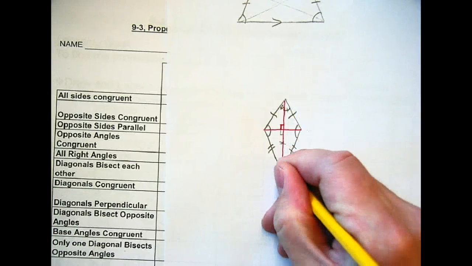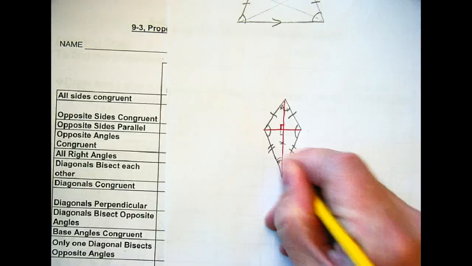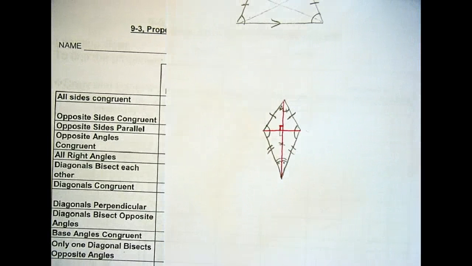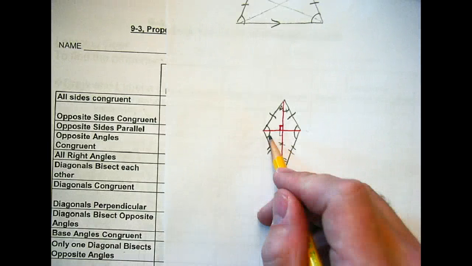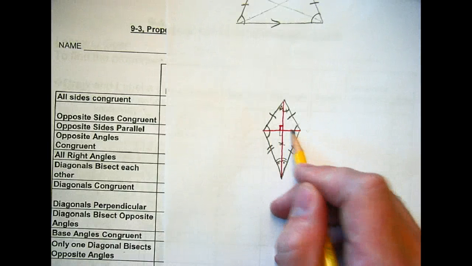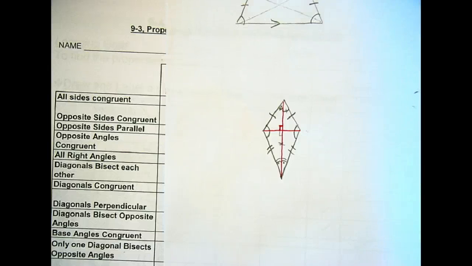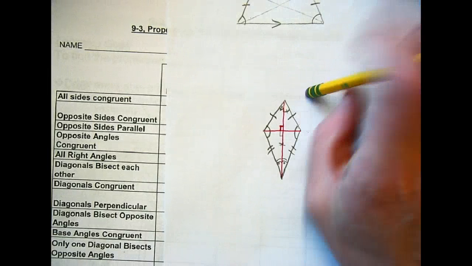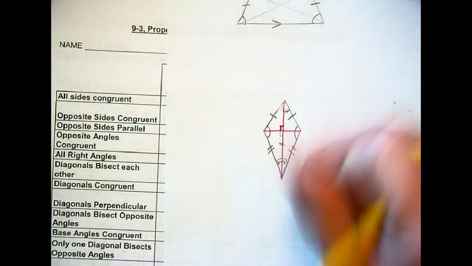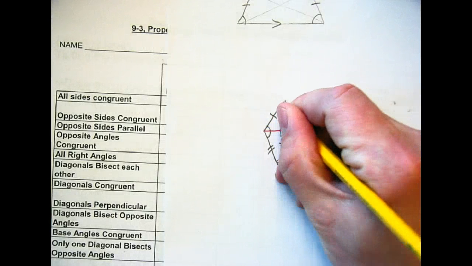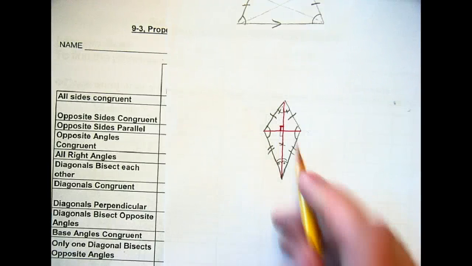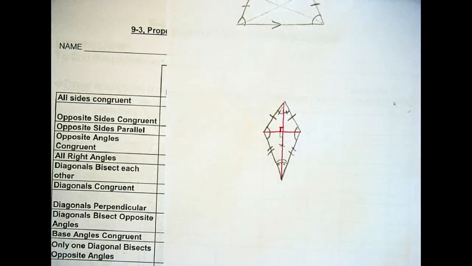So one diagonal bisects, however you want to mark that. This diagonal does not bisect that angle though. Is that marking showing the top bisecting? Yeah. So let's remark that. That little marking is another way to show they're congruent. I use the one mark there.